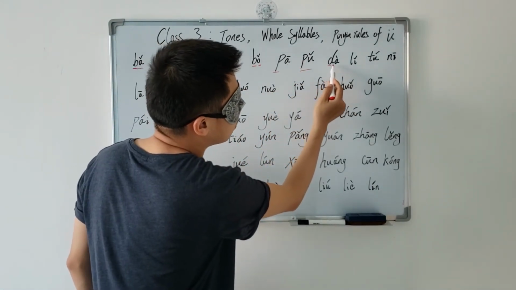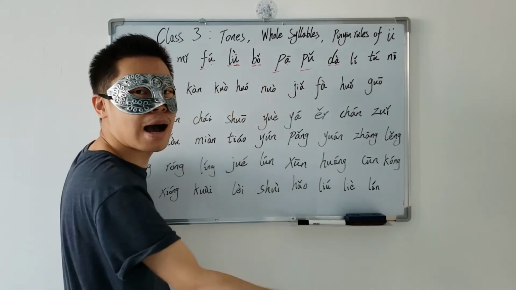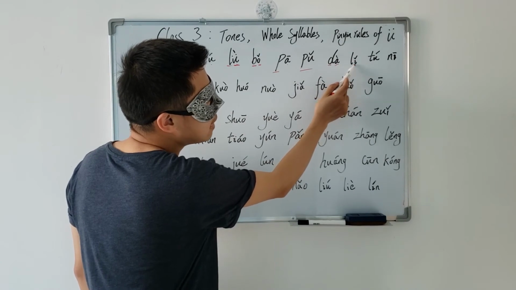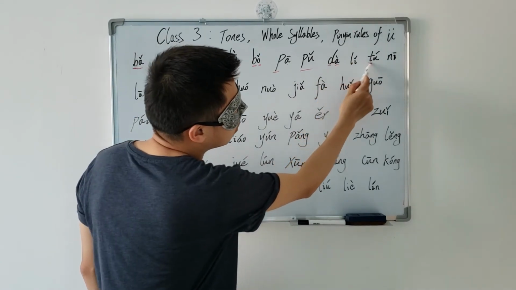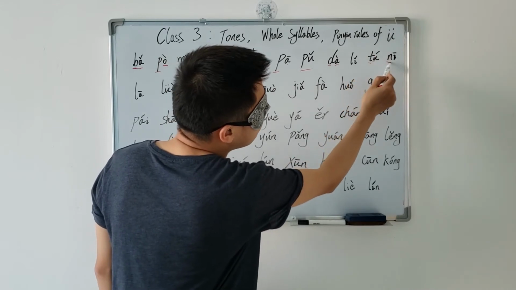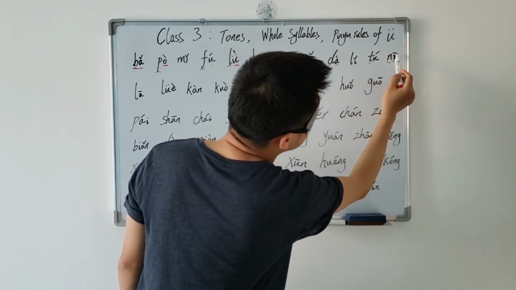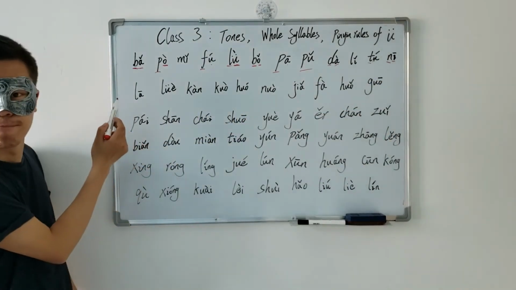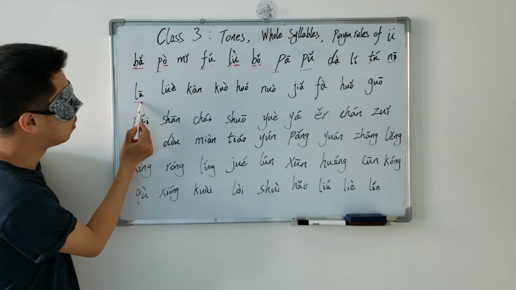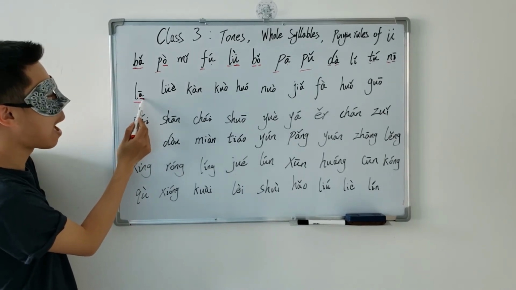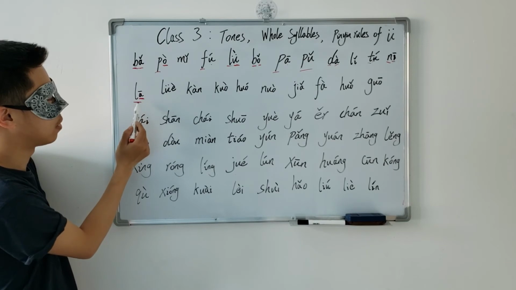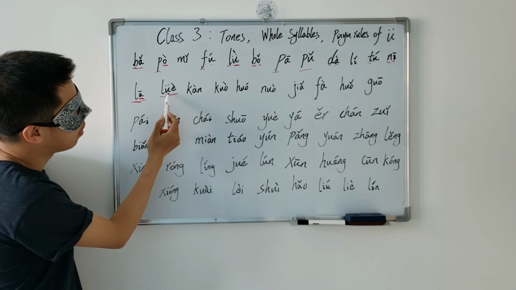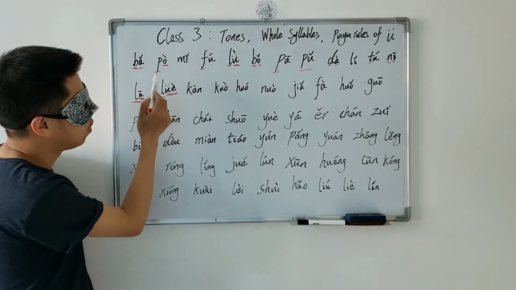This is d, a, da. This one is l, yi, li. t, wu, tu. n, yi, ni, the first tone. This one is the initial l, the final is a, the first tone, la. l, yue, lu.